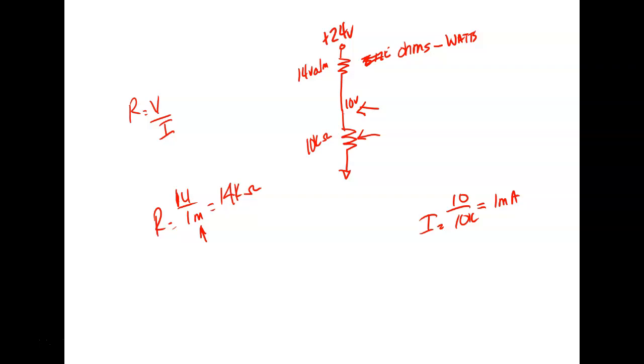We use the voltage that the resistor is dropping. It's not dropping 24 volts. This guy right here is dropping 10 volts, and this one is dropping 14. So when you calculate the wattage of a resistor, you don't calculate the voltage applied to the circuit. You calculate what voltage that resistor drops. You understand? And that's a common mistake too. What wattage rating should I use for that resistor?